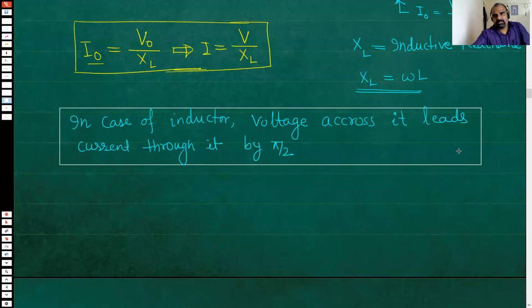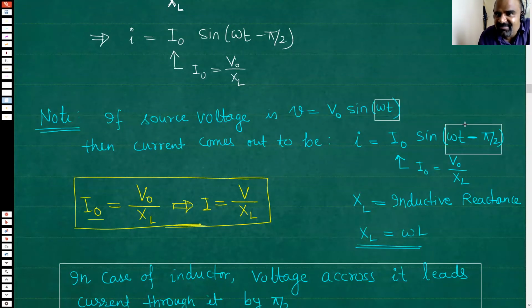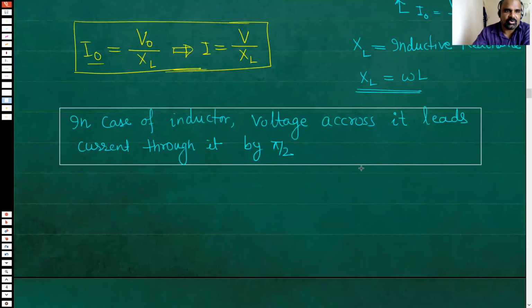How come? Let's see. This was the voltage. How much was the phase for the voltage? Omega t. How much is the phase for the current? Omega t minus pi by 2. So voltage phase is greater than current phase, or you can say current phase is smaller than voltage phase. Both will give you the same thing, but normally we remember it like this. Okay, and this is very important. We are going to use this extensively.